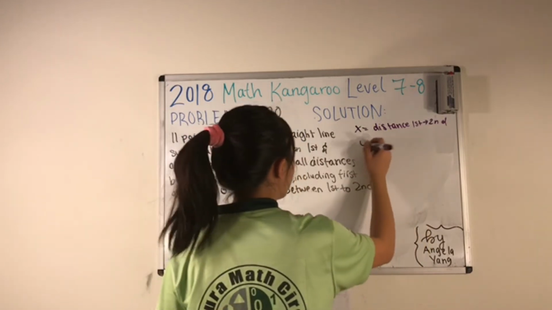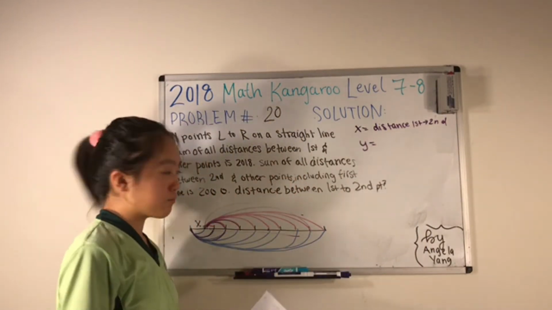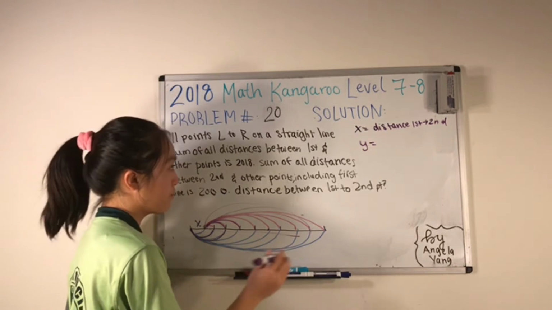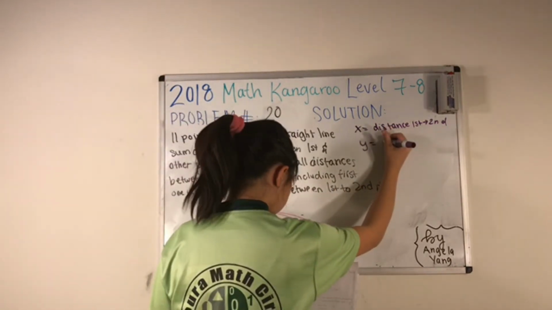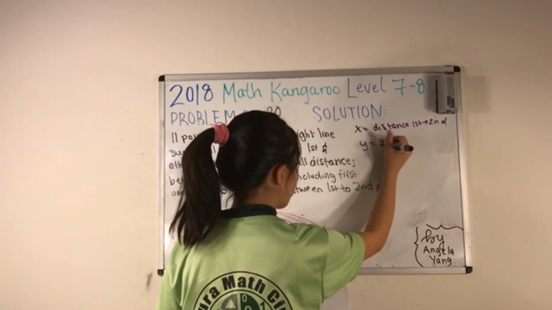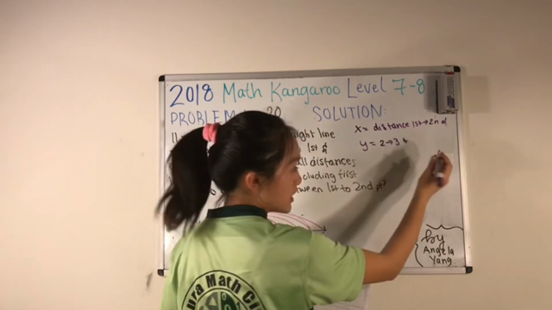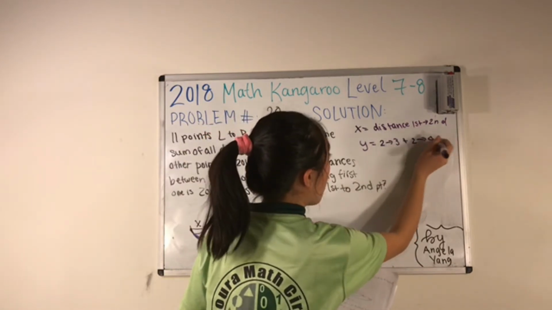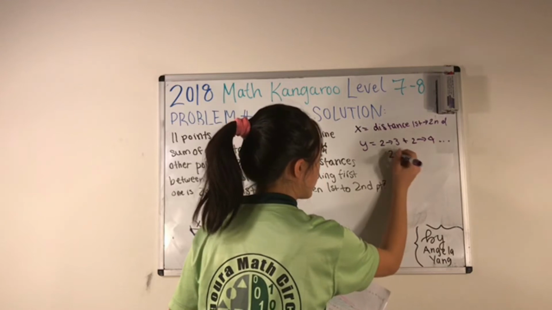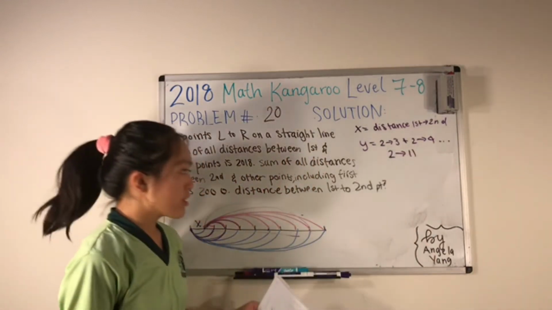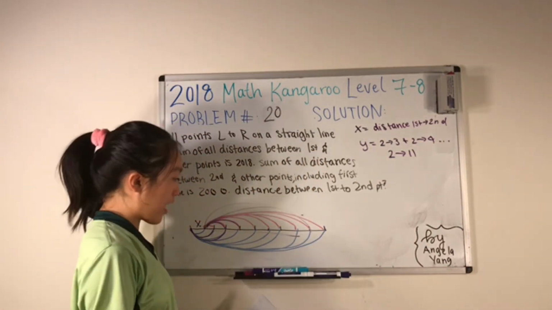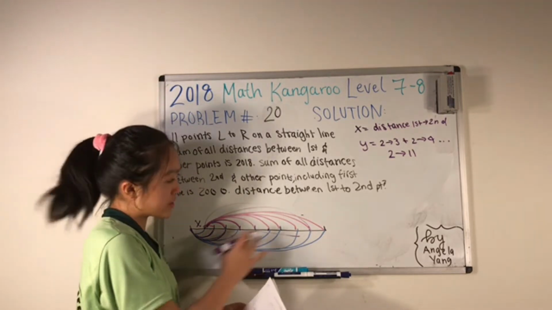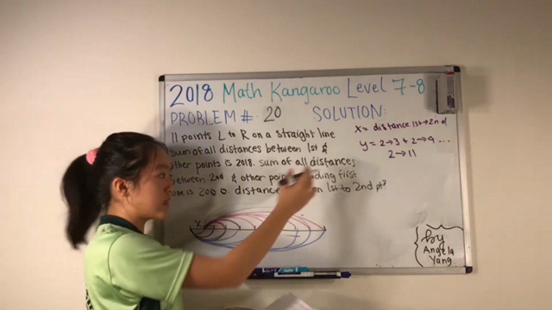Now we have Y, which is the sum of distances from the second point all the way to the last point. So Y is equal to the distance between the second point and the third point, plus the distance between the second point and the fourth point, all the way till we get to the distance between the second point and the 11th point. Now that we have that, let's analyze the blue section. The pink section represents Y, which is the second point.